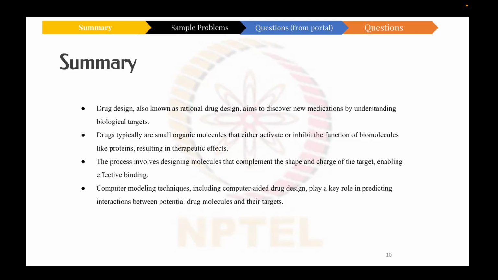By understanding the structural features of the target, researchers can design drugs that precisely fit into the protein's binding site, enhancing the binding affinity and specificity. That is, one thing is getting recognized into the binding site and also forming the accurate pose of binding.